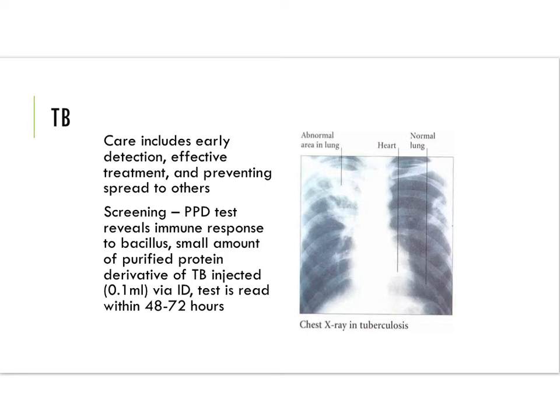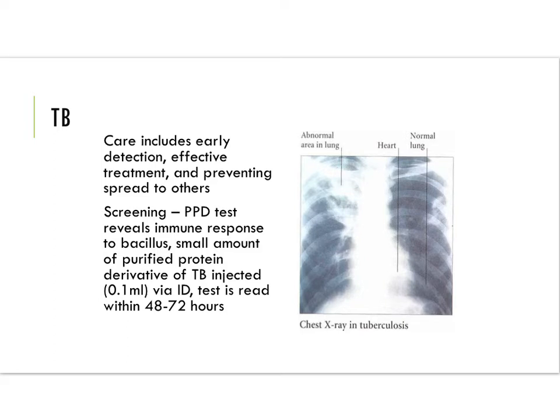Someone who has active tuberculosis, remember we talked about how someone would acquire TB, how they would wall it off. Months, years later, their body has become susceptible to the actual tuberculosis, and then they become active.